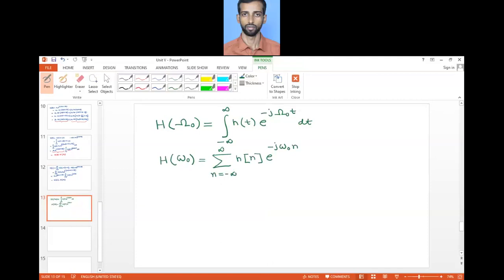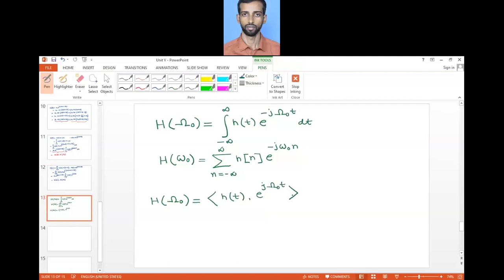Now we would like to understand what that particular function is in terms of the notion we have already discussed. If we take a look at the first expression, the integral from minus to plus infinity of h of t e to the power minus j omega naught t dt, this H of omega naught, in the vector space representation, can be represented as the inner product of h of t with e to the power j omega naught t.